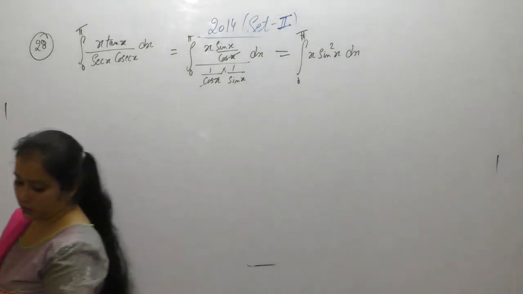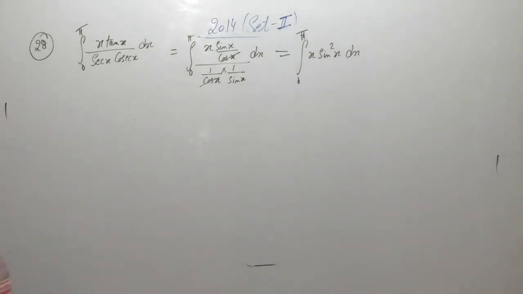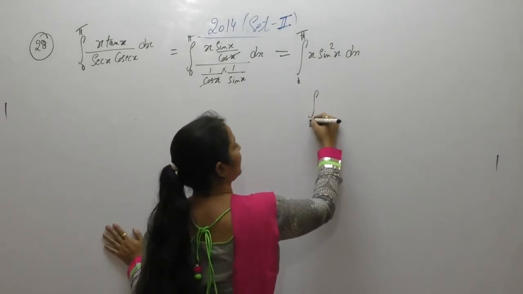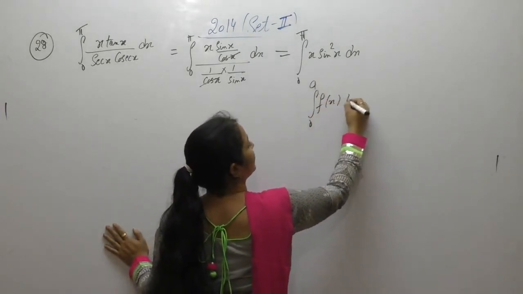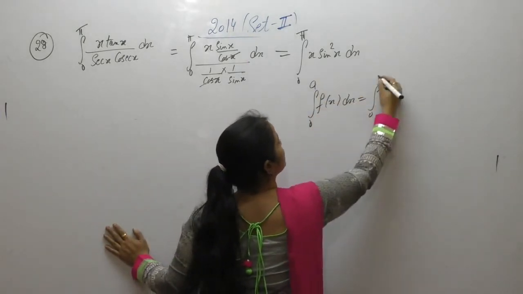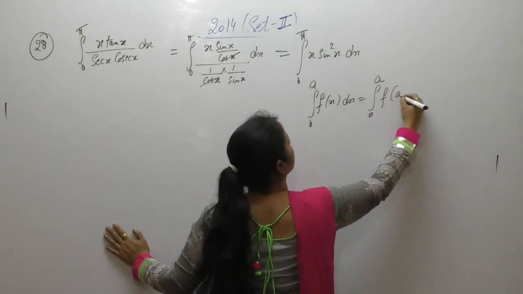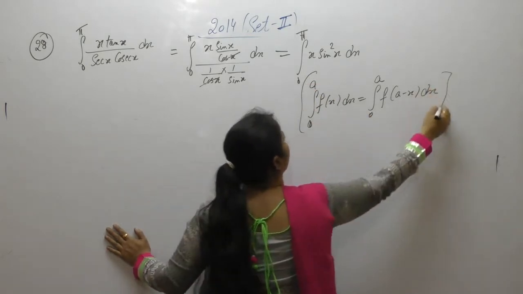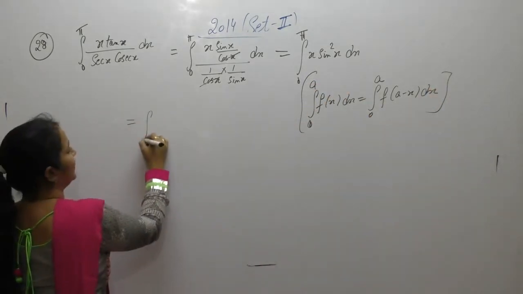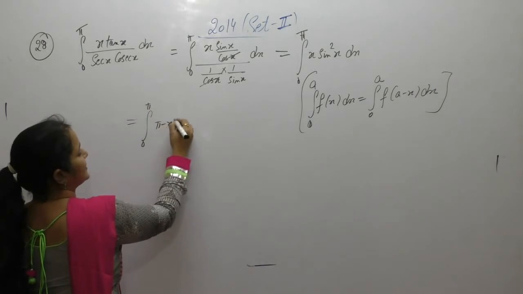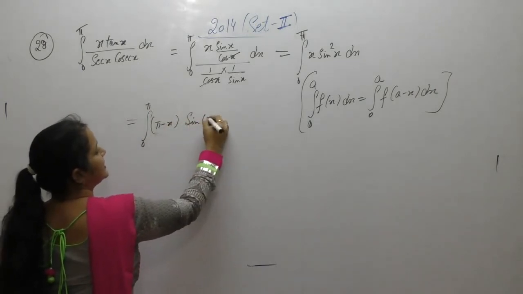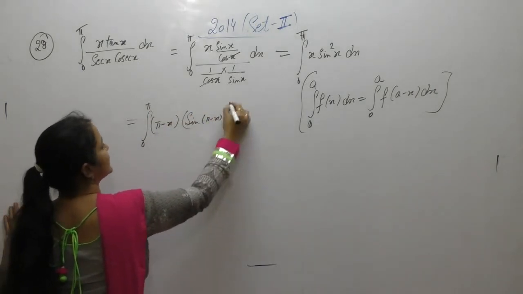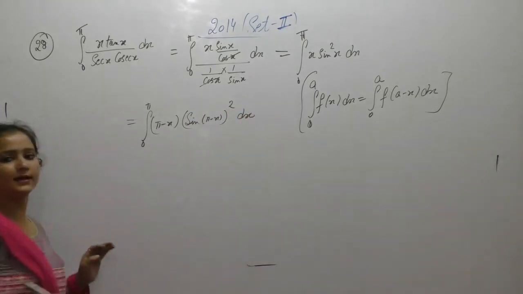Now we will use the property: integral 0 to a of f of x dx is equal to integral 0 to a of f of a minus x dx. Use this property here, a is pi, so x becomes pi minus x, sin of pi minus x whole square dx.